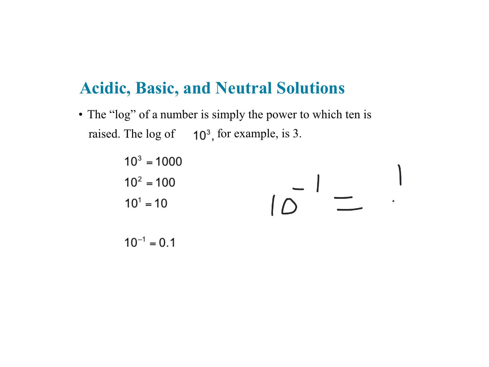Now, if you have negative exponents like 10 to the -1, remember 10 to the -1 simply means 1 over 10. The negative exponent means it's 1 over, and that gives me 0.1. 10 to the -2 gives me 0.01. 10 to the -3 gives me 0.001. And so you can see a little rule of thumb here.